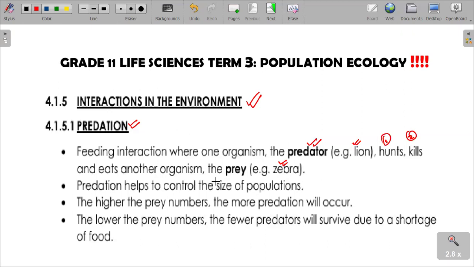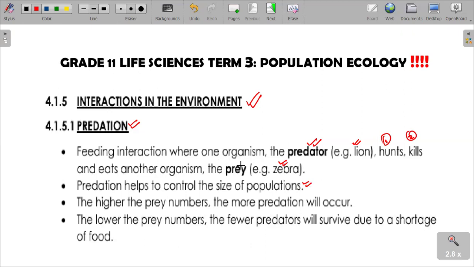Predation helps to control the size of populations. The interaction of organisms in an environment basically helps to control population sizes. So when a lion feeds on the zebras, it is in a way controlling the population growth of the zebra, which is the prey.